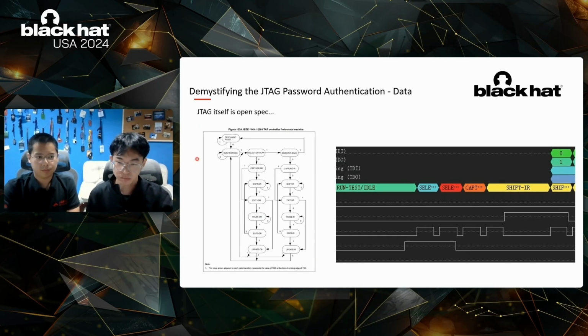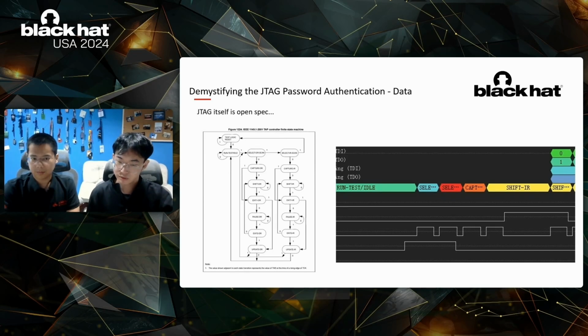In simple terms, the JTAG protocol is a state machine that follows a sequence of state changes depending on the clocking of TMS. The SPC58 MCU completely adheres to this protocol, and understanding the state machine greatly helps us to understand the JTAG authentication process.